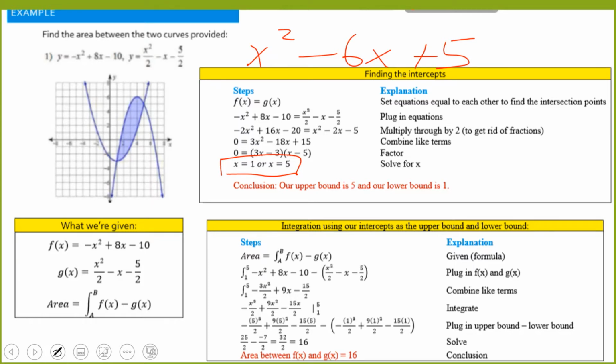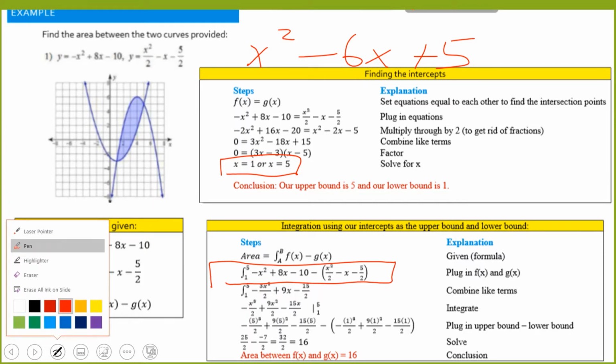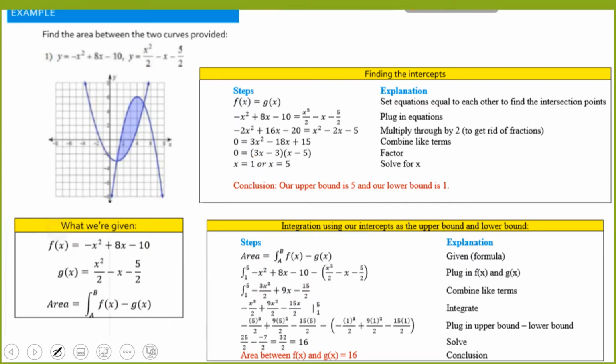If we're going to integrate from x equals 1 to 5, we can integrate our top function minus our bottom function from 1 to 5. And combine our terms. So here's our x squared minus our x squared term. This is negative 2 over 2 x squared minus 1 over 2 x squared is negative 3 over 2 x squared.